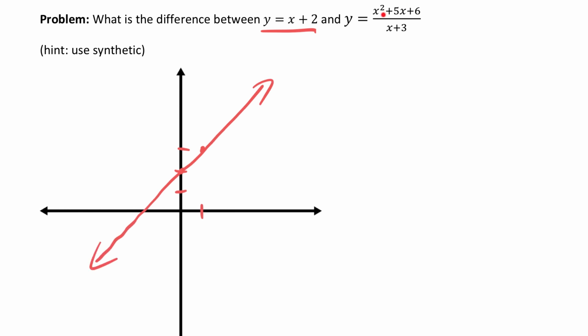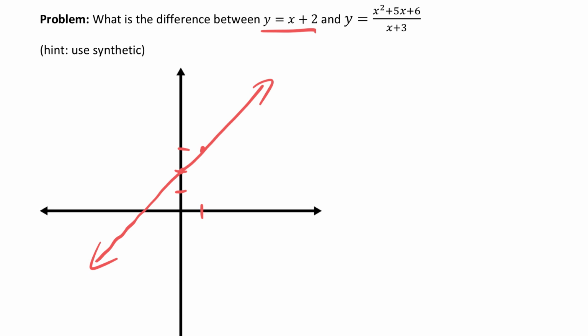Now this looks like we'd have some wild graph. We would maybe need to find vertical asymptotes, horizontal asymptotes, all sorts of things. But you know what? I want to use some factoring or some synthetic for that top. So I'm going to first simplify this. Well, here, let's even do it with the synthetic.